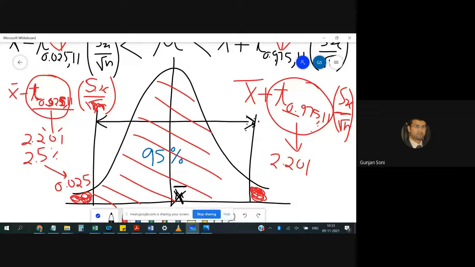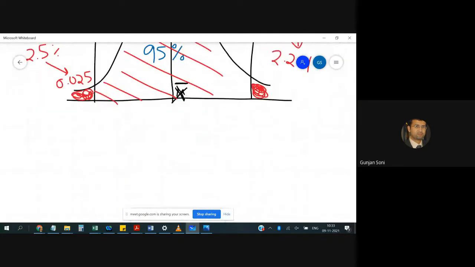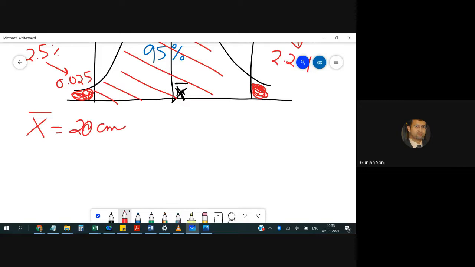Now let's assume the mean and the standard deviation. Let's say the sample mean was 20 centimeters, and the standard deviation of the sample is, take anything, I mean, 5 is very high, so let's take 1.5.